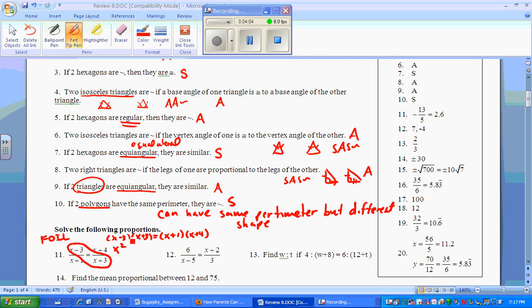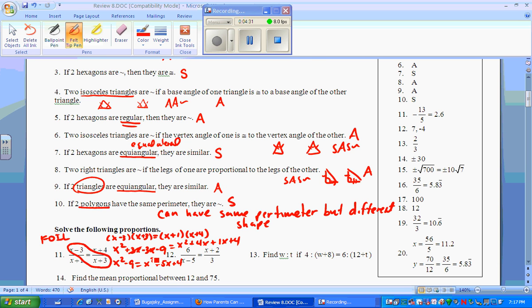So you get x squared plus 3x minus 3x minus 9. These cancel out. This side you get x squared plus 4x plus 1x plus 4. So one side is x squared minus 9. The other side is x squared plus 5x plus 4.